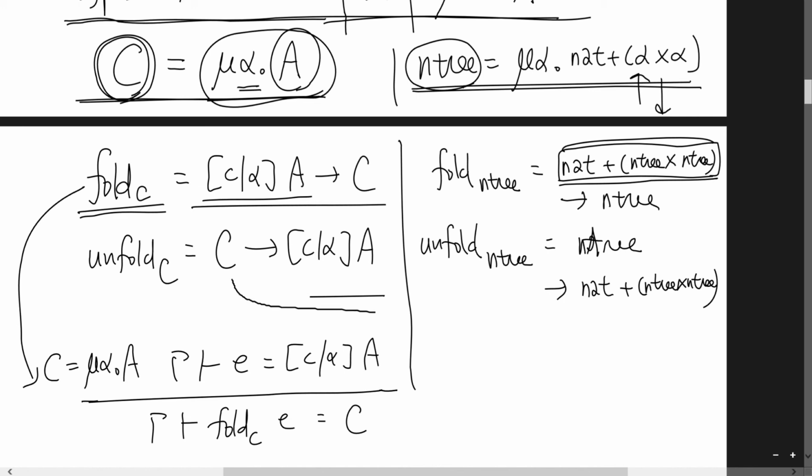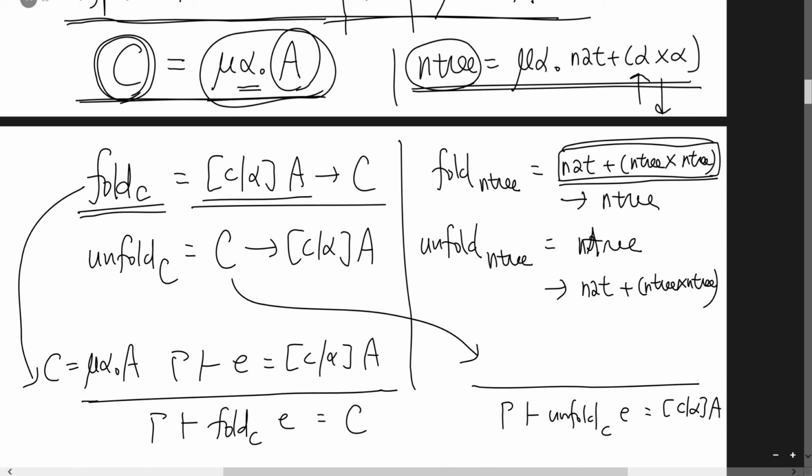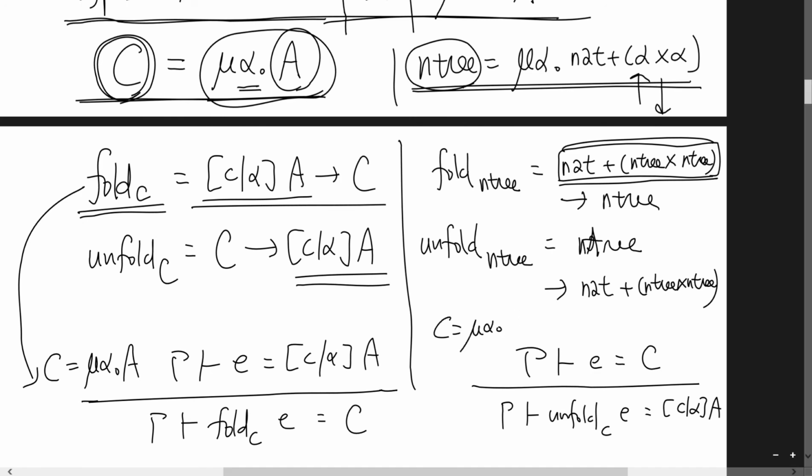And what about this one? It's also similar. Unfold C expression E is going to have a type, this time, C for alpha A, provided that expression E has type C, where C must be a recursive type defined this way.